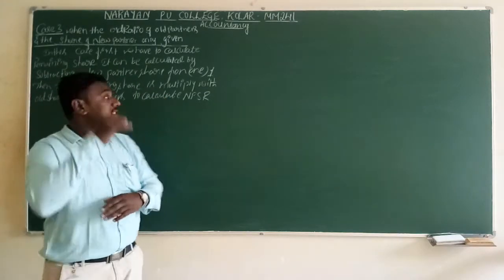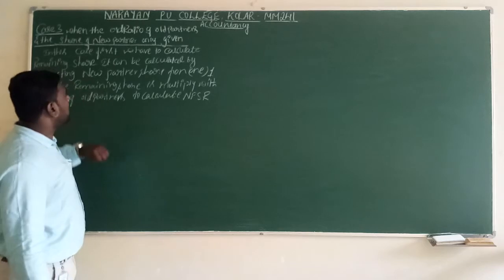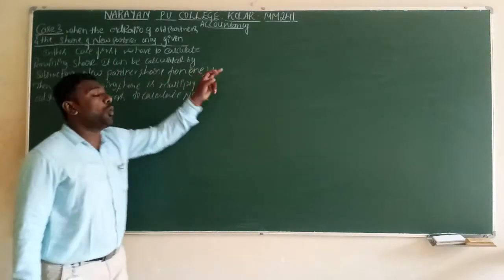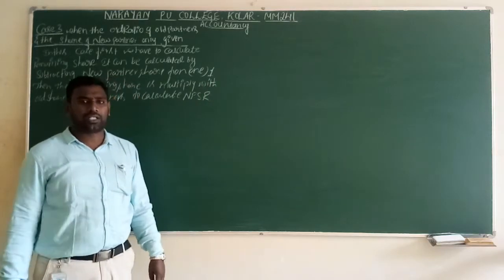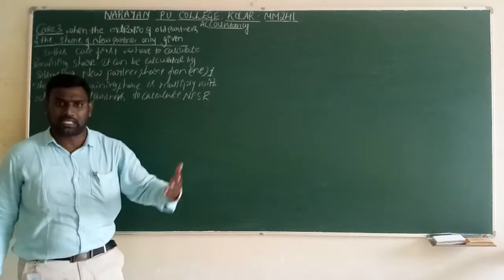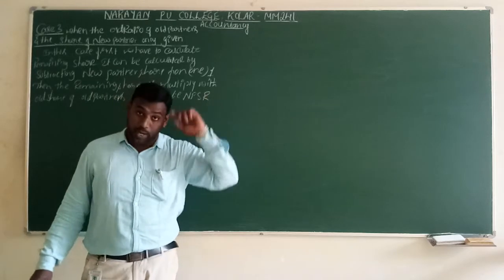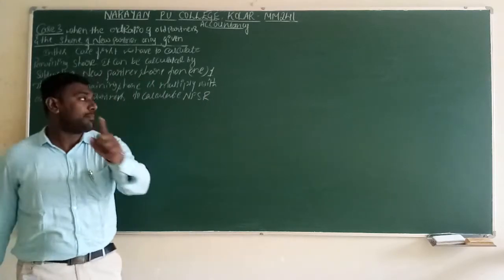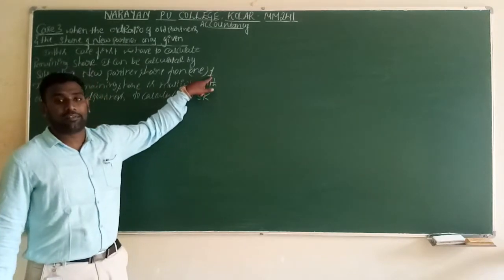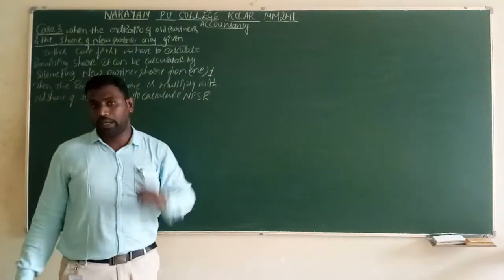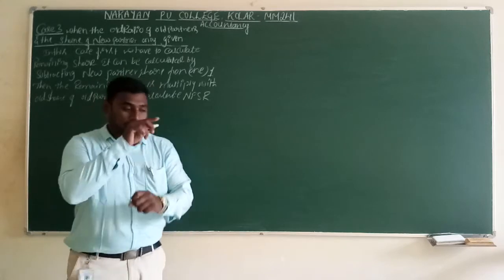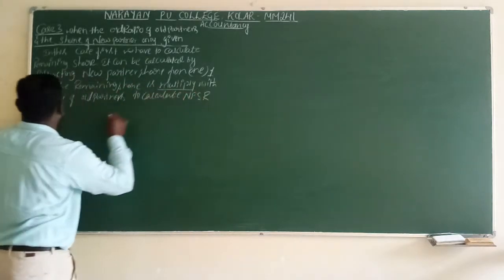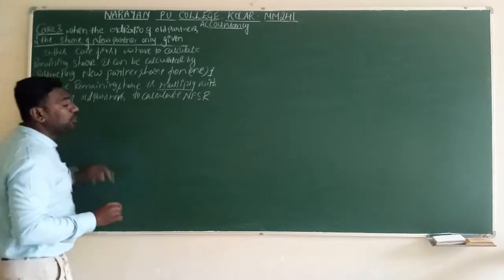The remaining share is calculated by subtracting the new partner's share from 1. Whatever the new partner's share may be, we should always deduct it from the number 1. We will get the remaining share. After calculation of the remaining share, the remaining share is multiplied with the share of old partners.